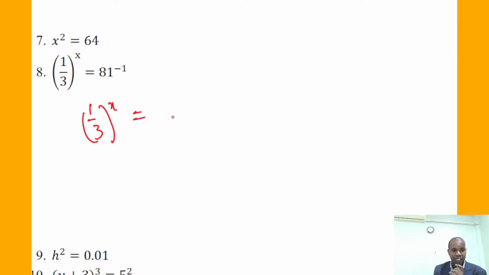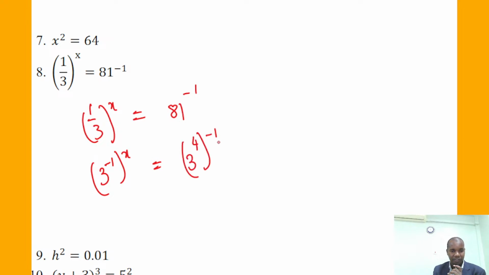This is equal to 81^(-1). So 1/3 is going to be 3^(-1), again to the power x. And 81 will be (3^4)^(-1).